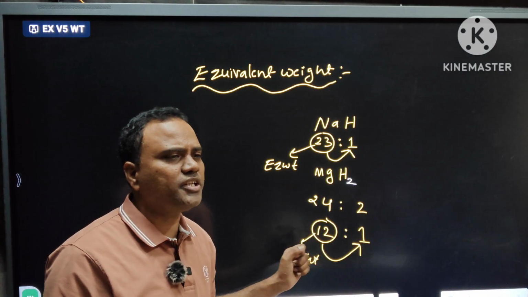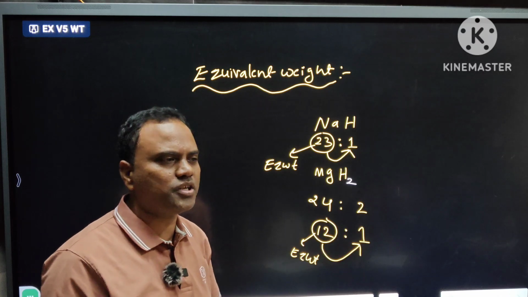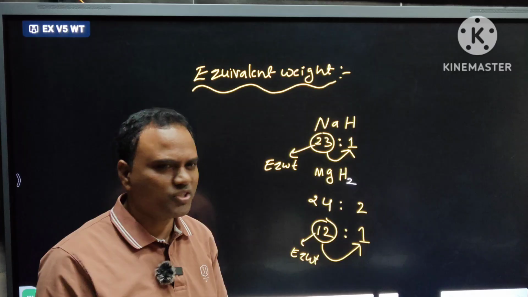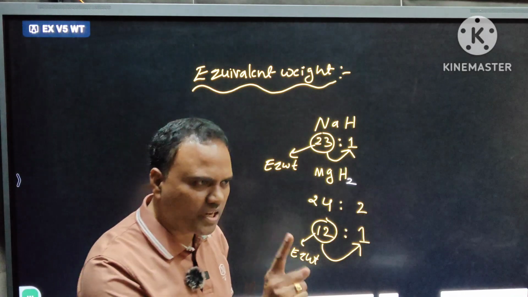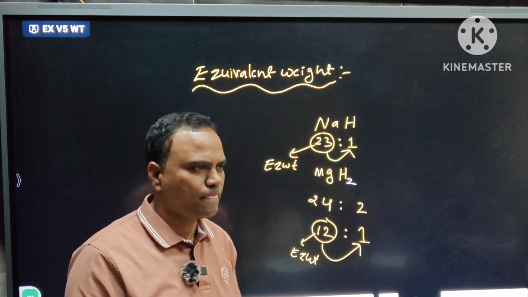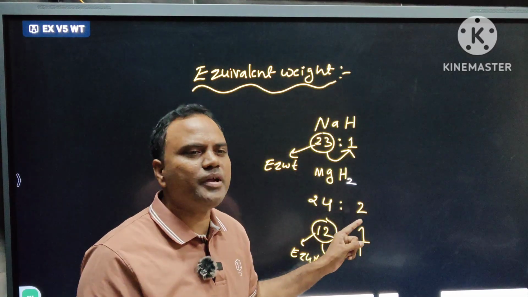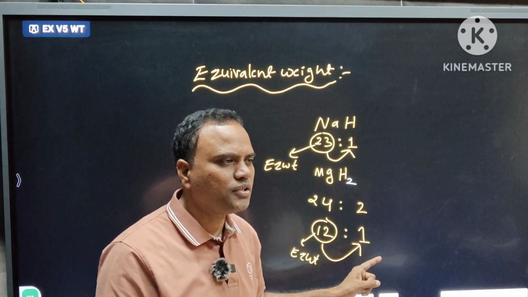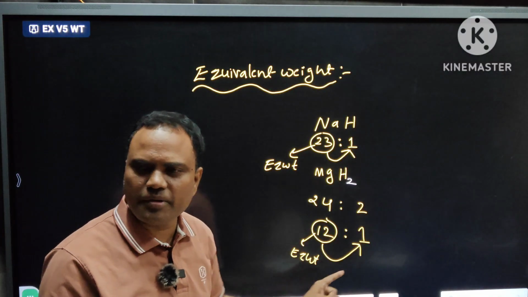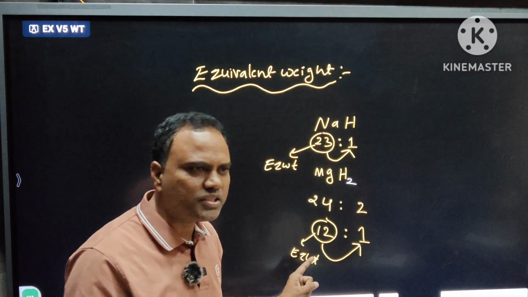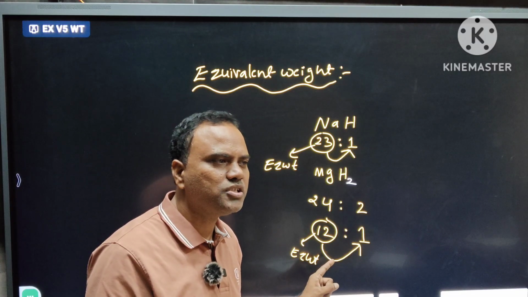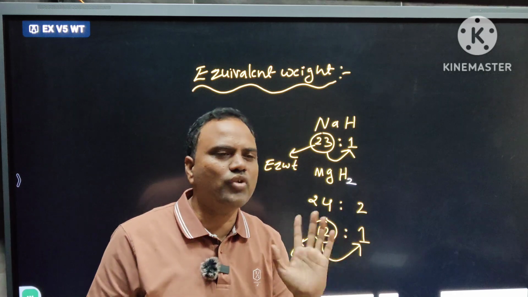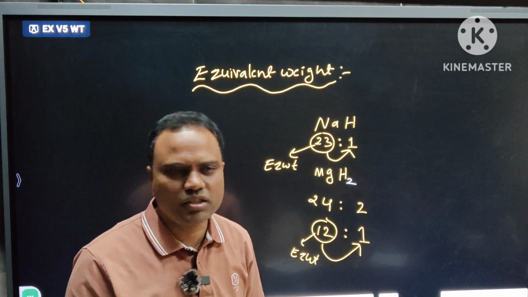In magnesium, how much weight is combining with 1 gram of hydrogen? Not 24, 12. Got it? For 1 gram we have to take standardization. 24 grams is combining with 2 grams of hydrogen, but we won't take 2, we take 1 only. So 12 is the equivalent weight.